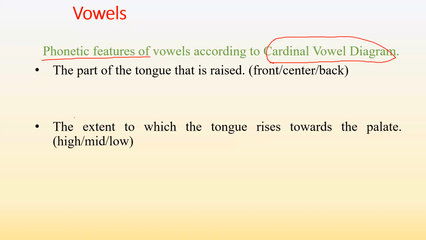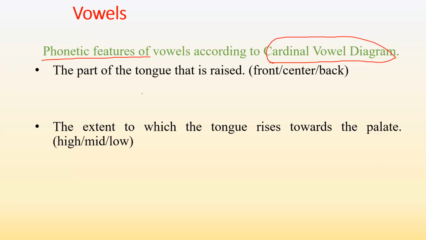Okay, so there are of course 4 phonetic features here also. We'll look at the first one now. The part of the tongue that is raised. While I was talking about the role of the tongue, I talked about this, hope you remember. So now we can understand it like this. When we produce some vowel sounds, a particular part of our tongue feels a kind of very slight movement.